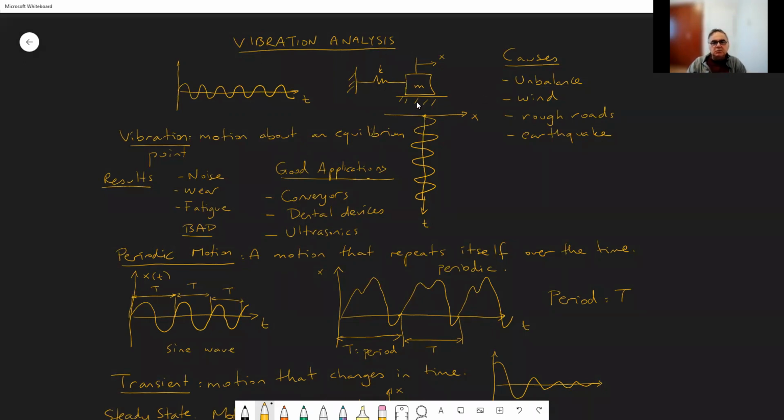The typical motion of a system is like a mass and a spring. You pull the mass and leave it, and it vibrates like this. This is the vibration. It goes back and forth, and that is what we call the simplest form of vibration.